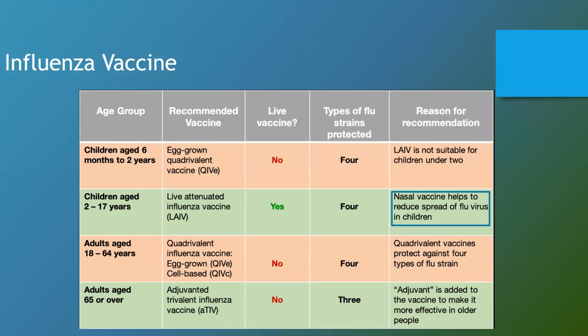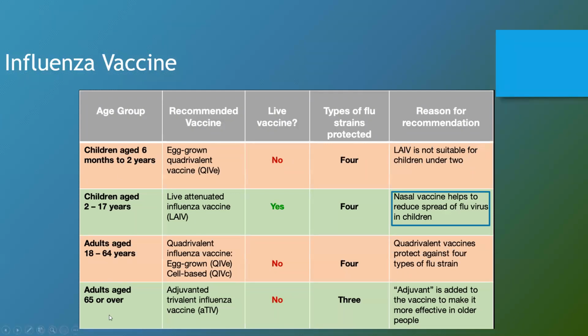So when you look at the influenza virus vaccine, there is both the live vaccine version and the non-live, egg-grown version at this point. And there are different options to be administered to different groups of individuals based on age and comorbidities.